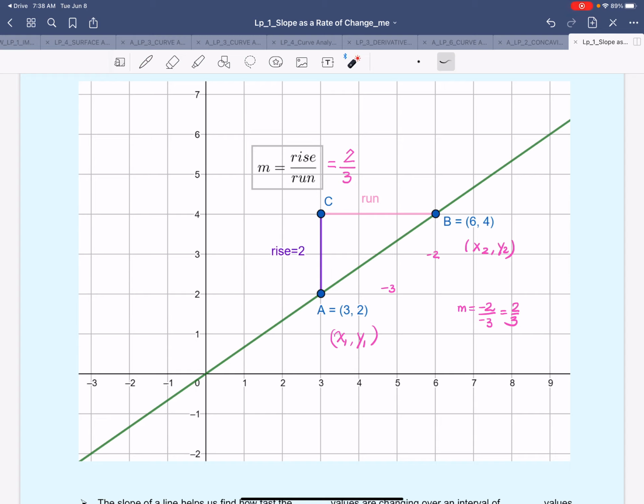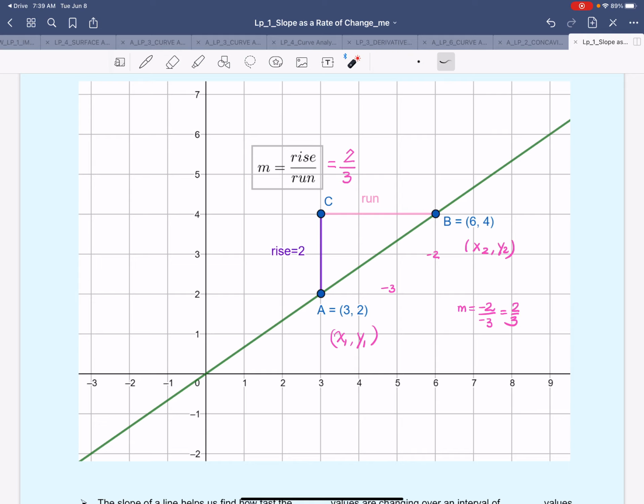So this is a good reminder for us to understand that it doesn't matter how we travel from one point to the other on a line to determine the slope, as long as we always move vertically and horizontally.